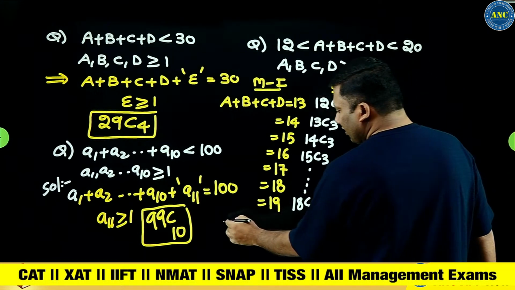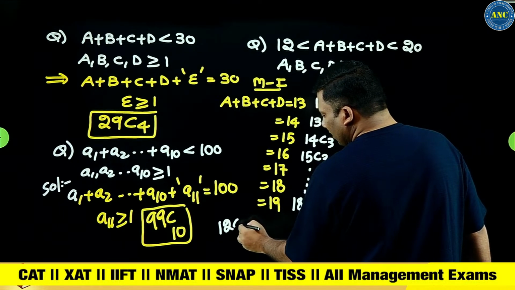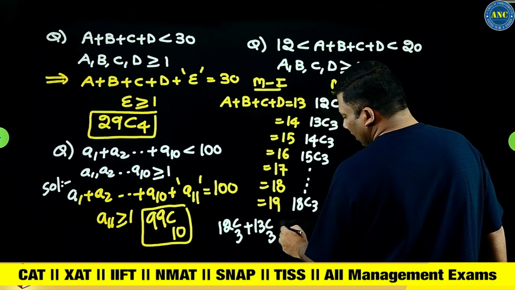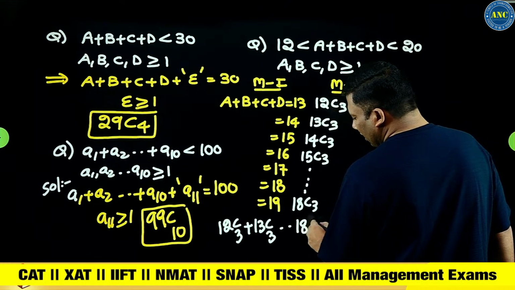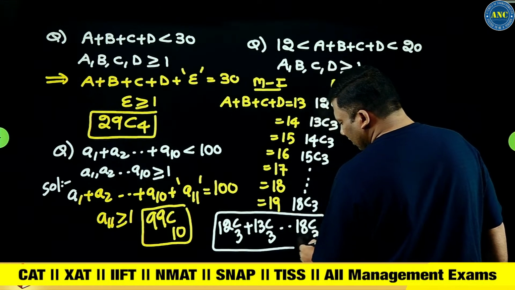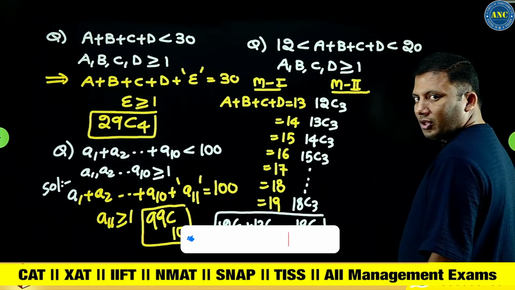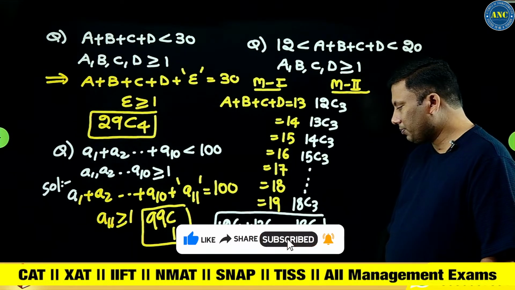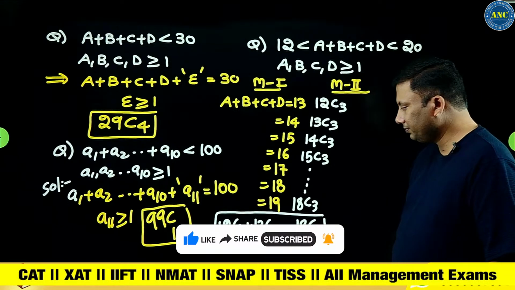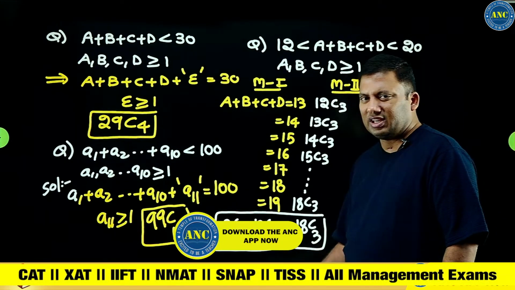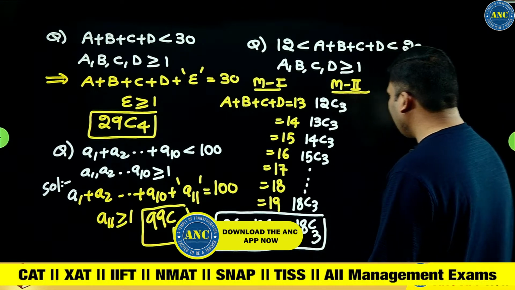So the answer for this question is 12C3 plus 13C3 and so on up to 18C3. I hope this idea is clear. Solving all these values will be time consuming.